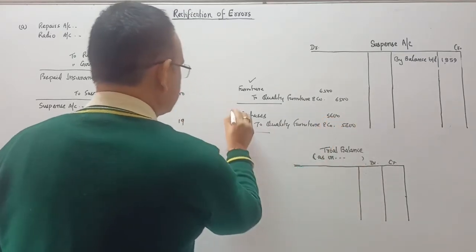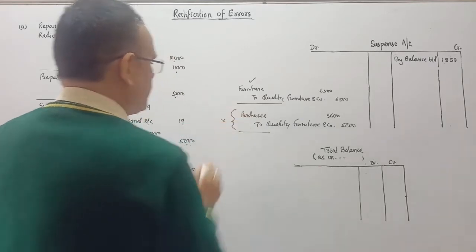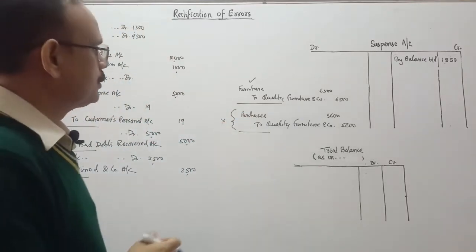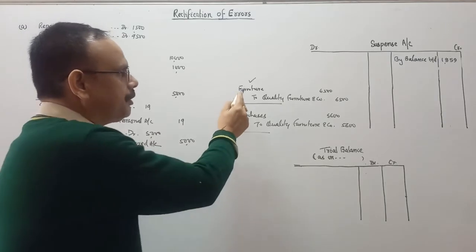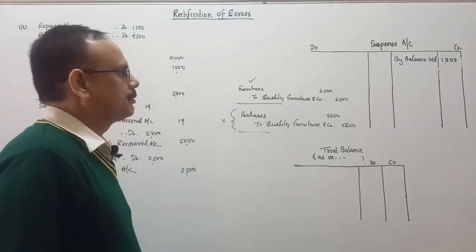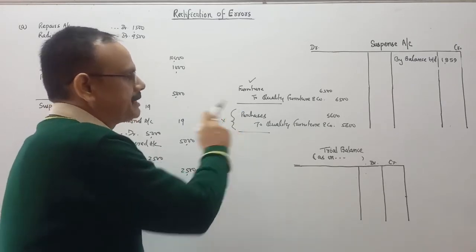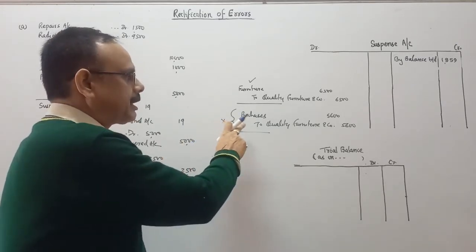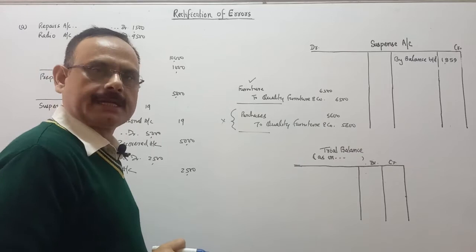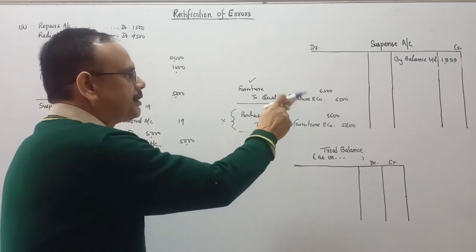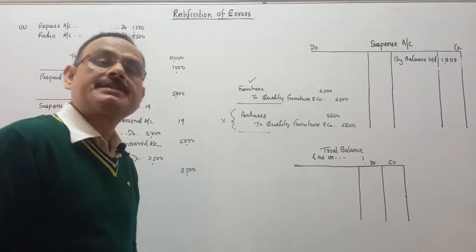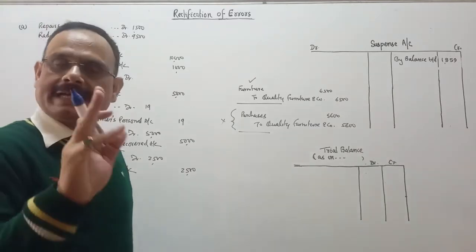It is clear. This is the wrong entry which is passed by the bookkeeper. Instead of 6500, here it is written 5600. So two mistakes are committed.